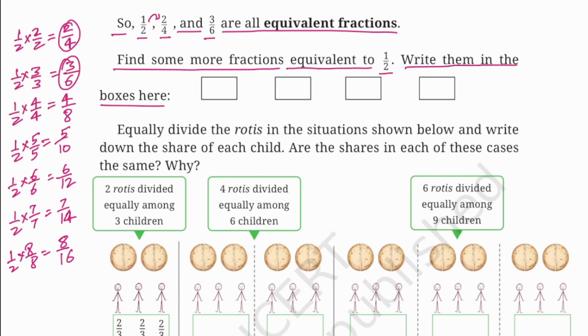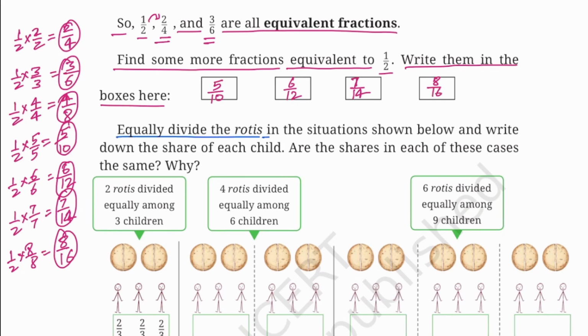These fractions are equivalent fractions. So, 2 have been given here. You can write others here, such as 5 upon 10, 6 upon 12, 7 upon 14, 8 upon 16, like that.